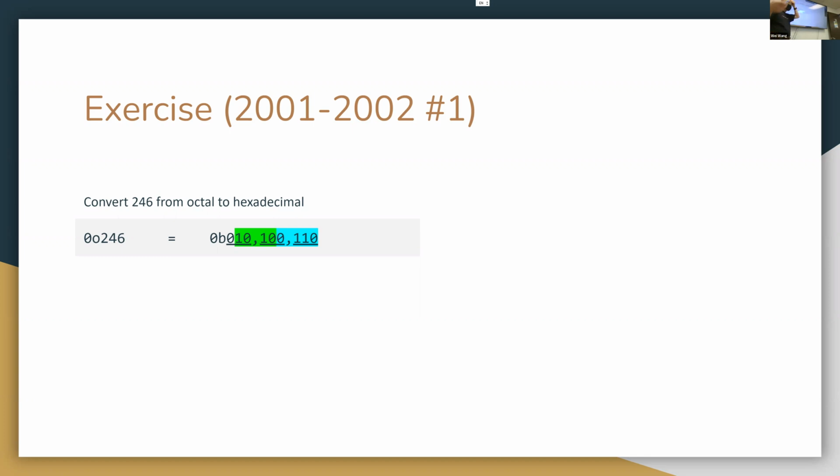This is easy. Just write down the 3 binary digits for every octal digit. Does this make sense?